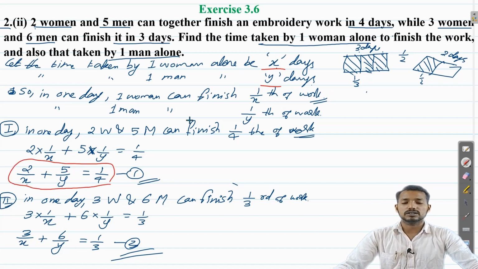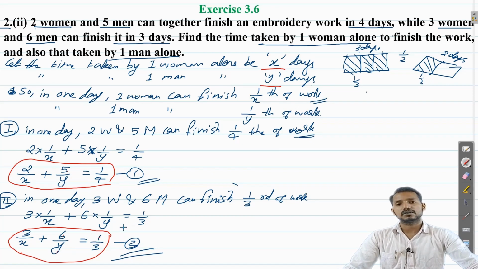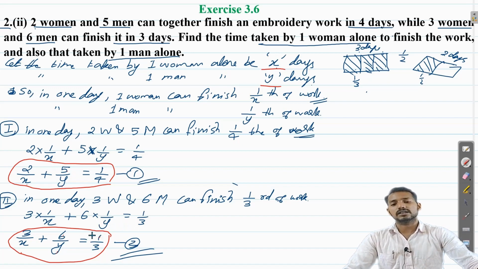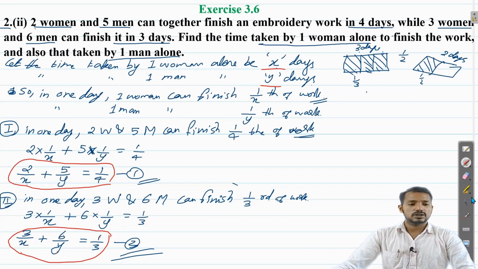Similarly here, 3 women are there, so 3 divided by x, the days required by a woman, plus 6 men, so 6 divided by the number of days required by men, is equal to the reciprocal of the total days required. This is the way we can solve this question.